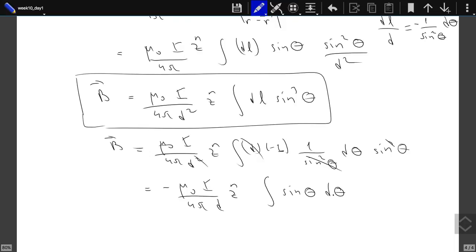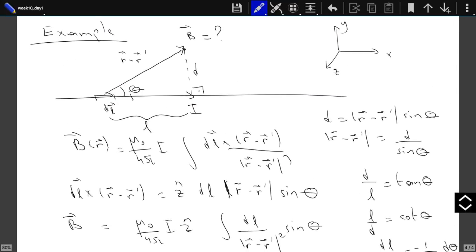Now, what are the limits of theta? You see, this is how I define theta. So what is the initial value of theta? Well, what is the smallest value of L as I'm moving along this wire?